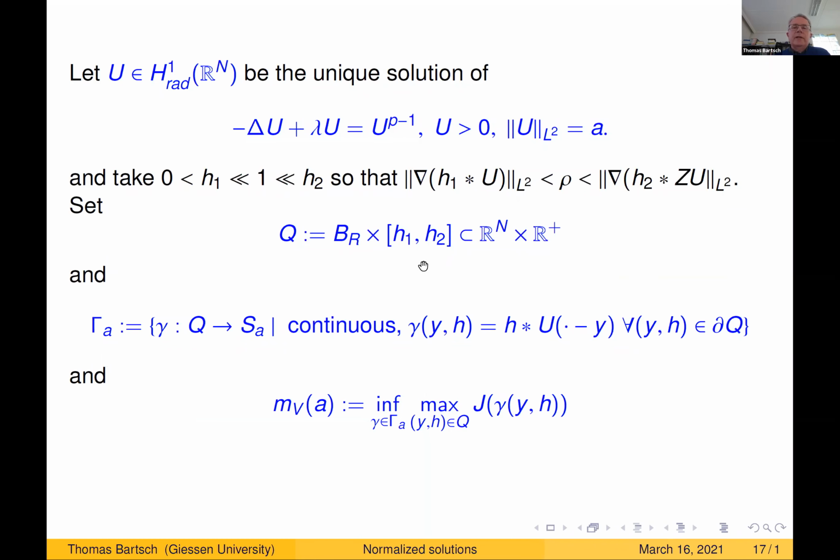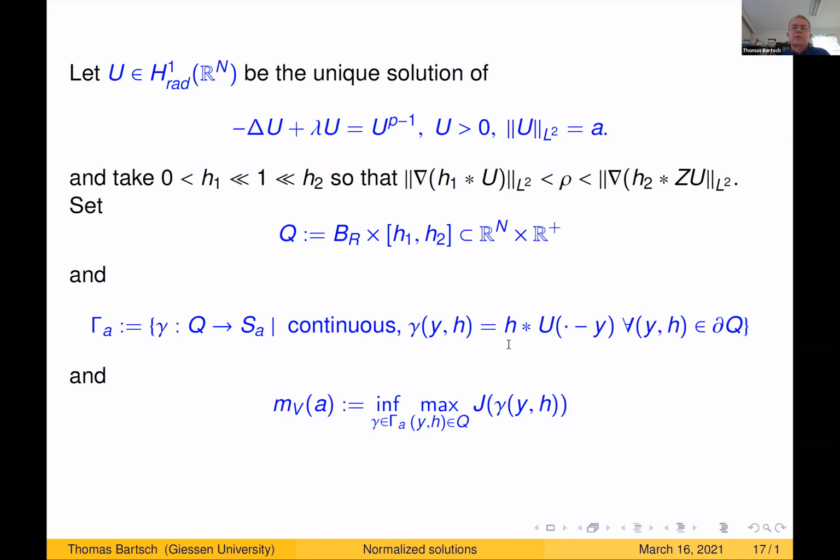And then we look at maps from this Q into the sphere, continuous maps, which on the boundary of this cylinder, so where either y has norm r or h coincides with h1 or h2, for these values we take gamma of y,h just to be our u shifted or translated by y and scaled by h.